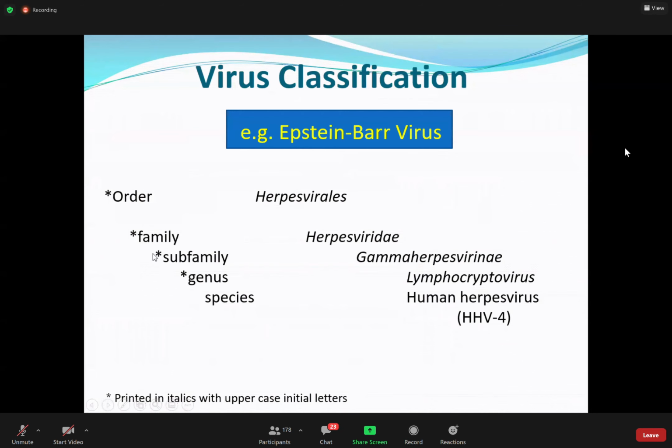So, as an example, again, don't bother about learning this, but one of the most common viruses is Epstein-Barr virus, right? Epstein-Barr virus is a herpes virus. It's part of the herpes virus family.